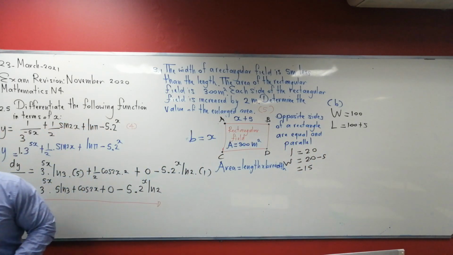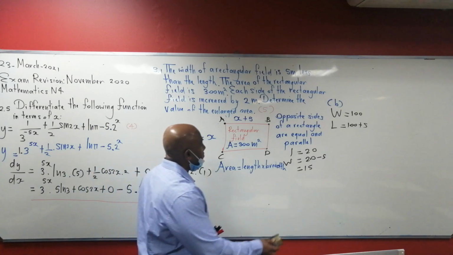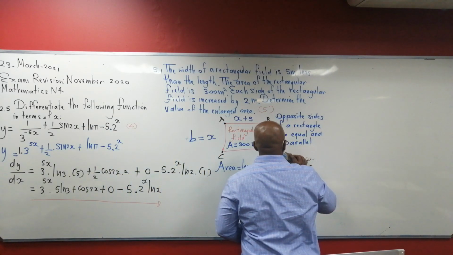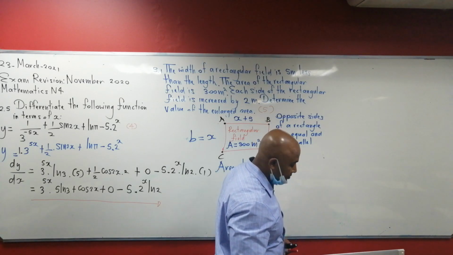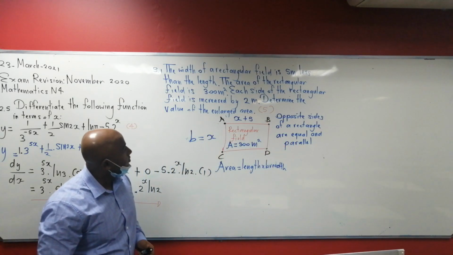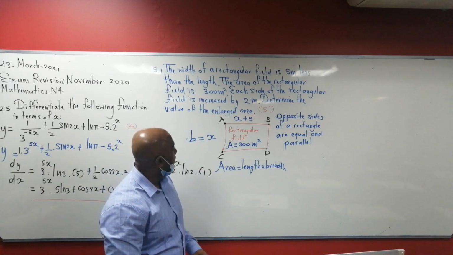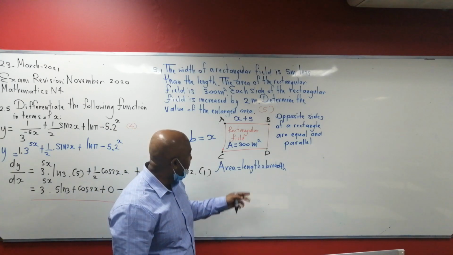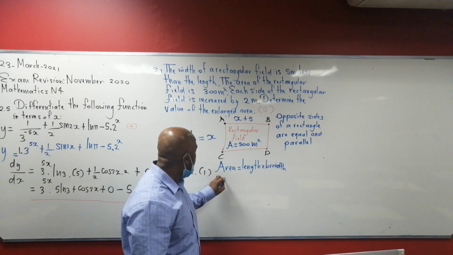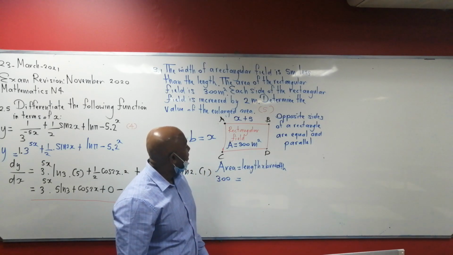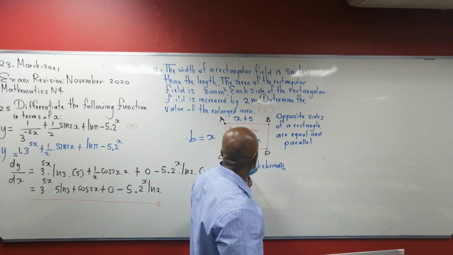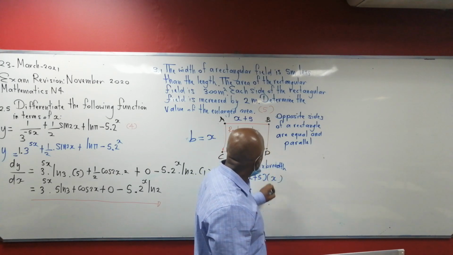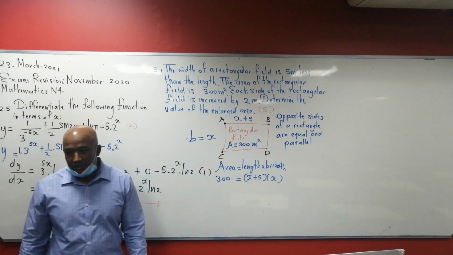Your area is length times breadth. What is the area that's given to us? It is 300. Your length, I defined as x plus 5 and your breadth is x.